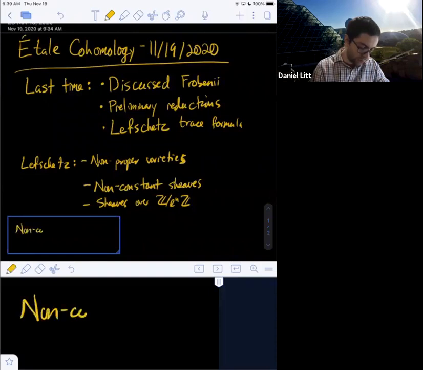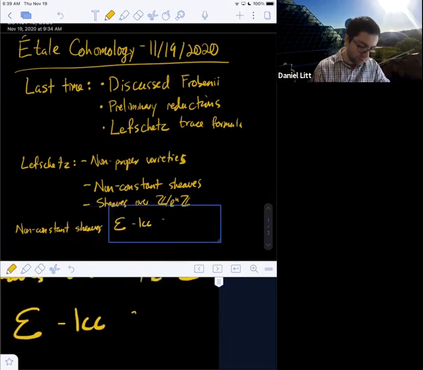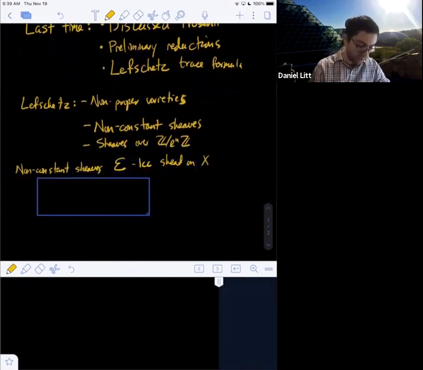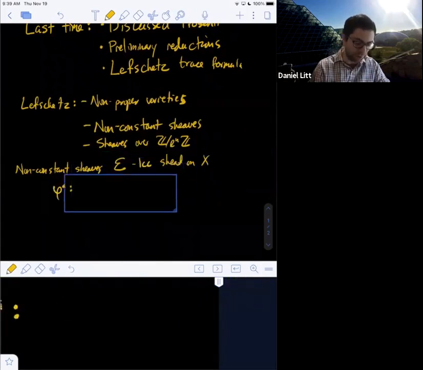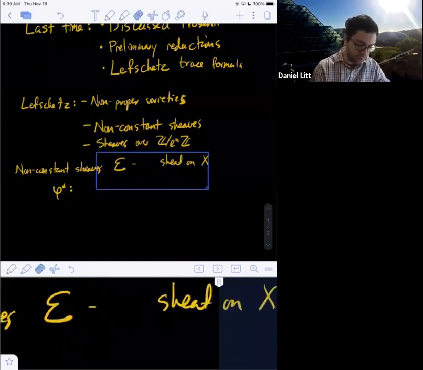For non-constant sheaves, let's say we have E, which is an LCC sheaf on X. Then an endomorphism phi of X doesn't actually act on the cohomology with coefficients in E. What I've written here will be true for any sheaf on X étale.